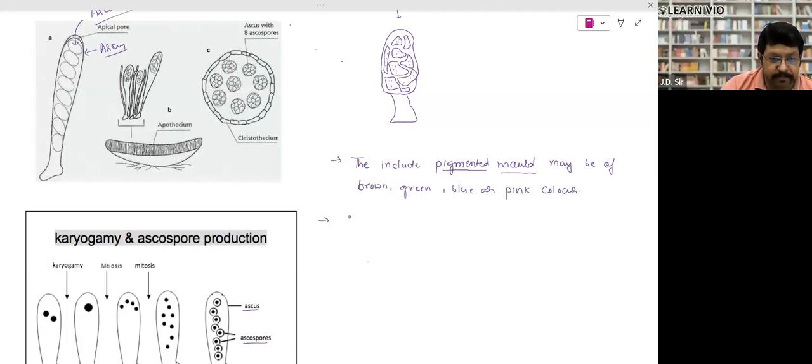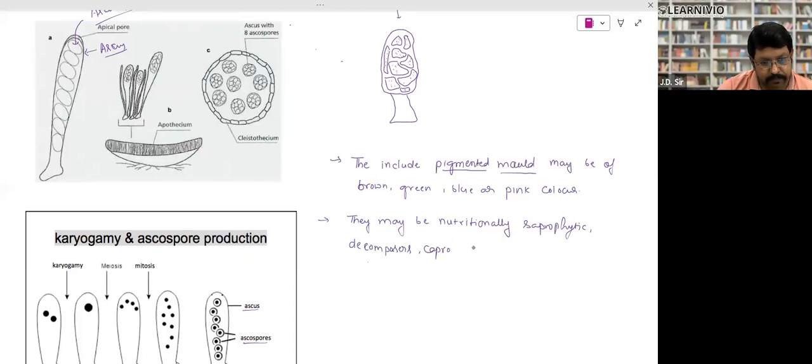So what kind of nutrition do they have? They may be nutritionally saprophytic, decomposer, caprophilus, or parasite.